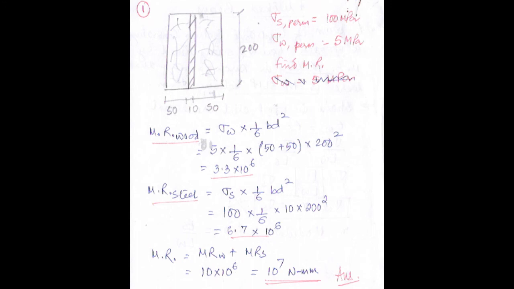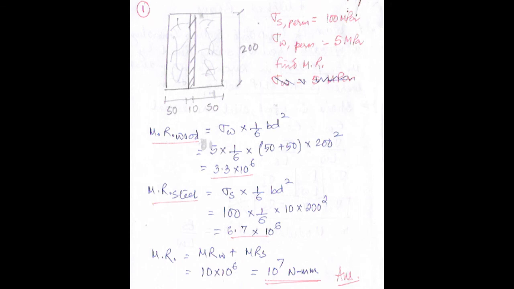Then 1/6 bd square. So the sigma wood value is 5, given in the question, into 1 by 6, that is also from the formula. What is b? B means the width of the wooden part. What is the width of the wooden part? You can see from the diagram, it is 50 and 50, because in between there is a 10 mm steel plate.